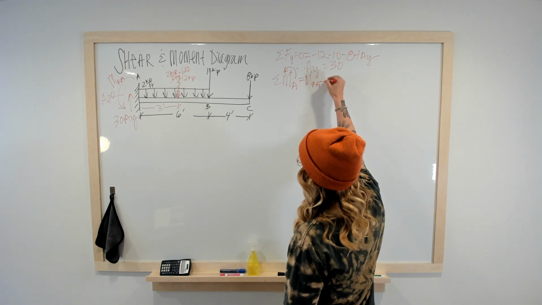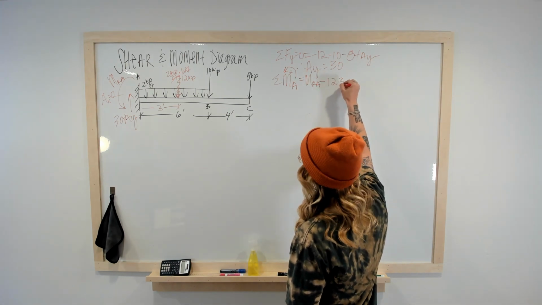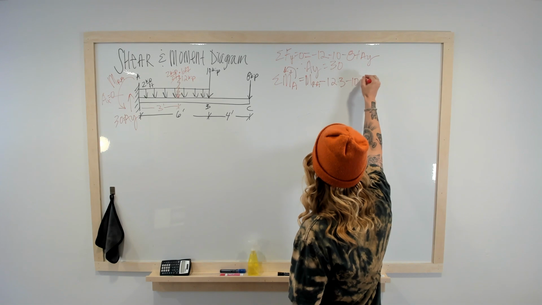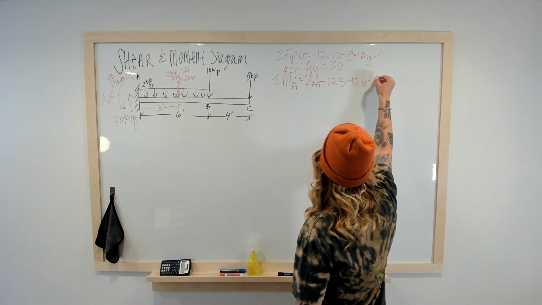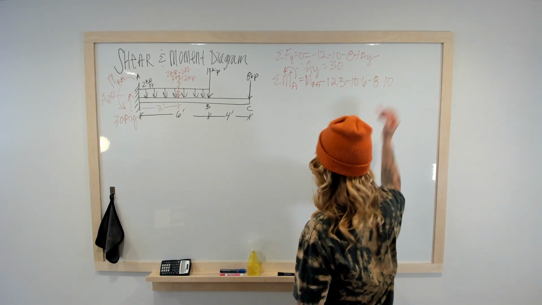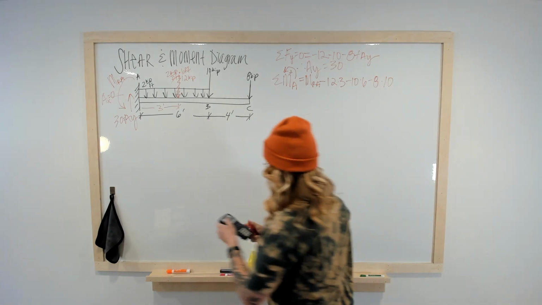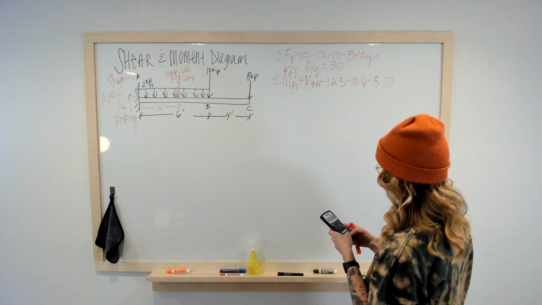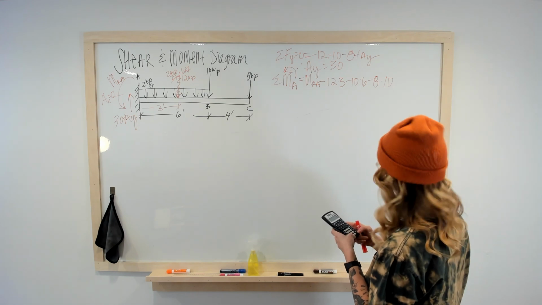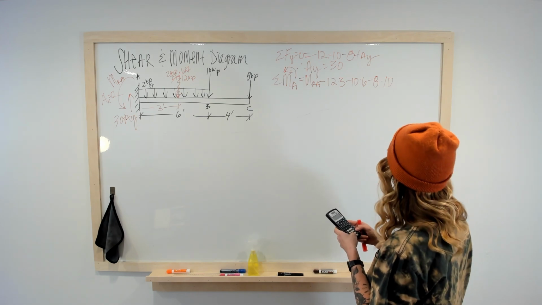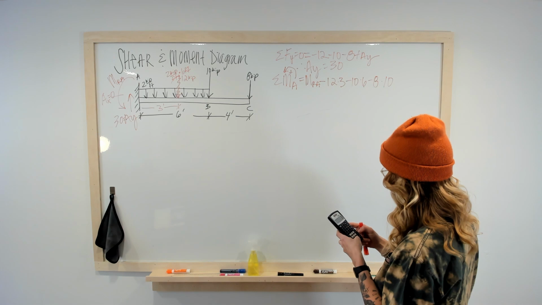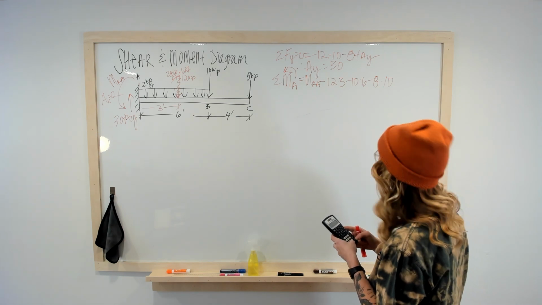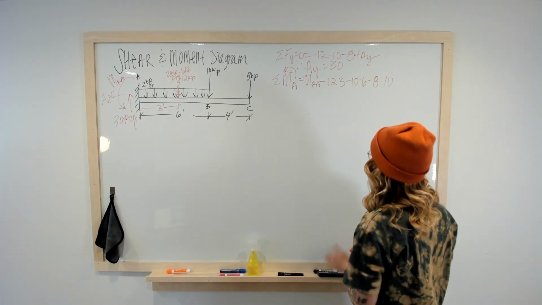Then we have minus 12 times 3, minus 10 times 6, minus 8 times 10. All right, let's grab a calculator. What do we got here? 12 times 3 plus 60 plus 80, and we have 176.